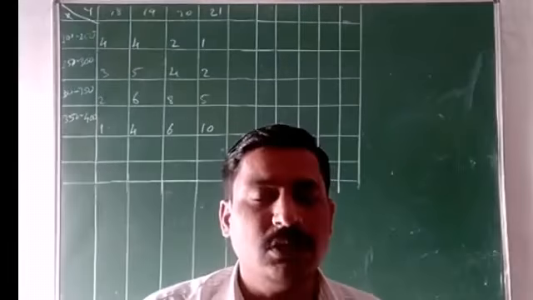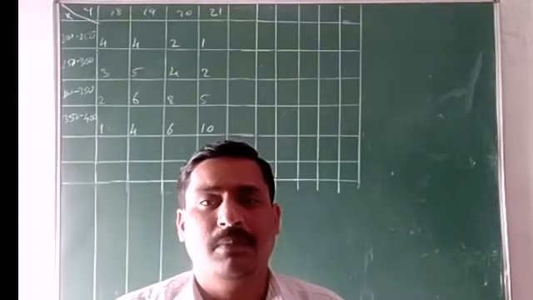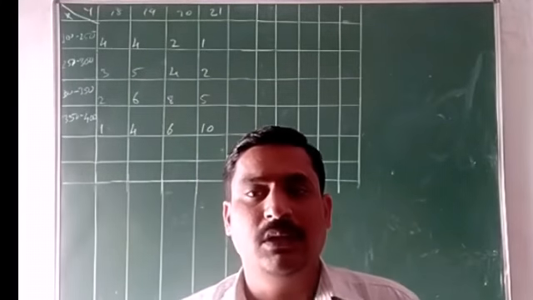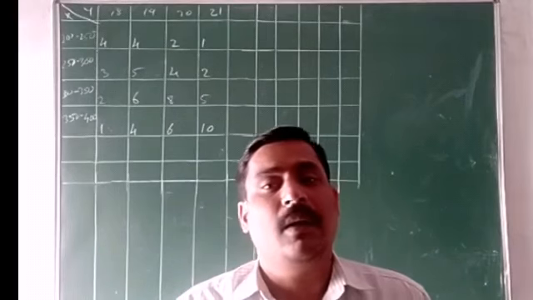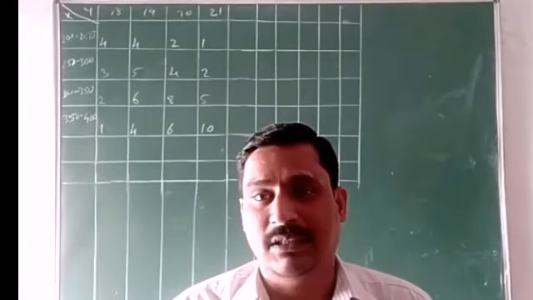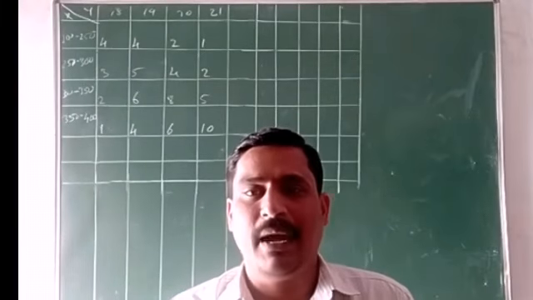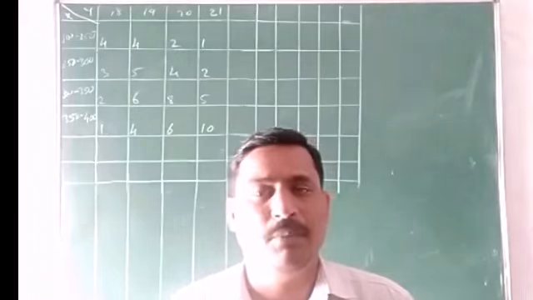If you use this formula, the calculation becomes very hectic because of the digits. The calculation will take up to 8 to 10 digits. So we go for a shortcut method by changing the origin and scale both.